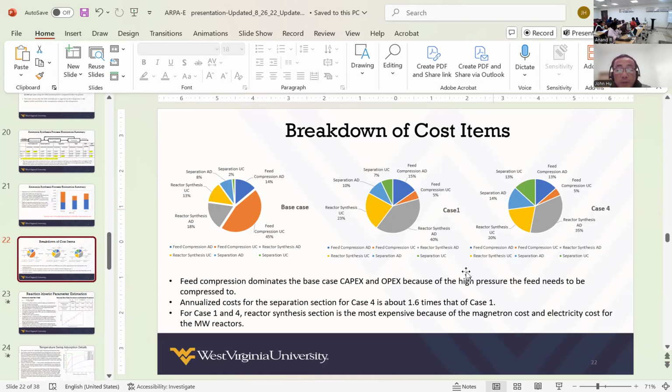But as a percentage, so what's the cost? Well, reactor synthesis. The capital, because it's a microwave reactor, is different, and also the small scale. Of course, the capital is different for the reactor synthesis, which is 18% in the Haber-Bosch process.